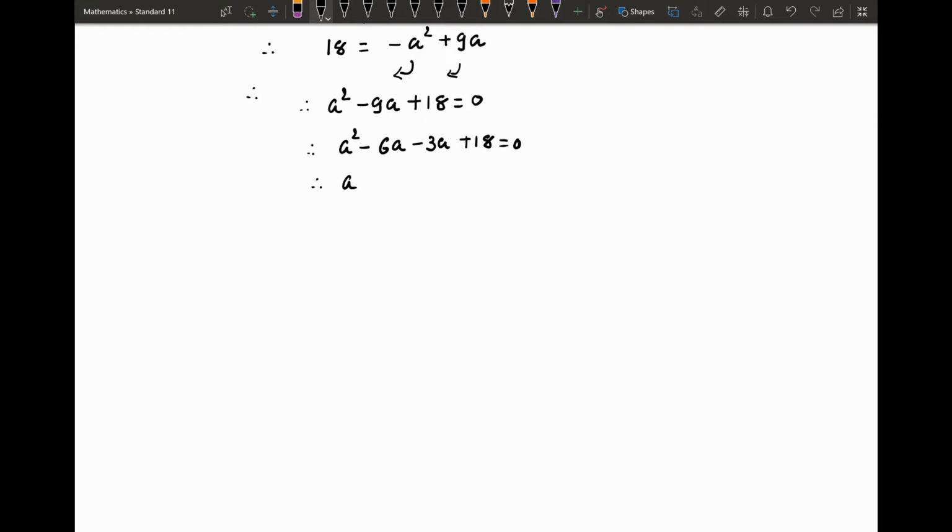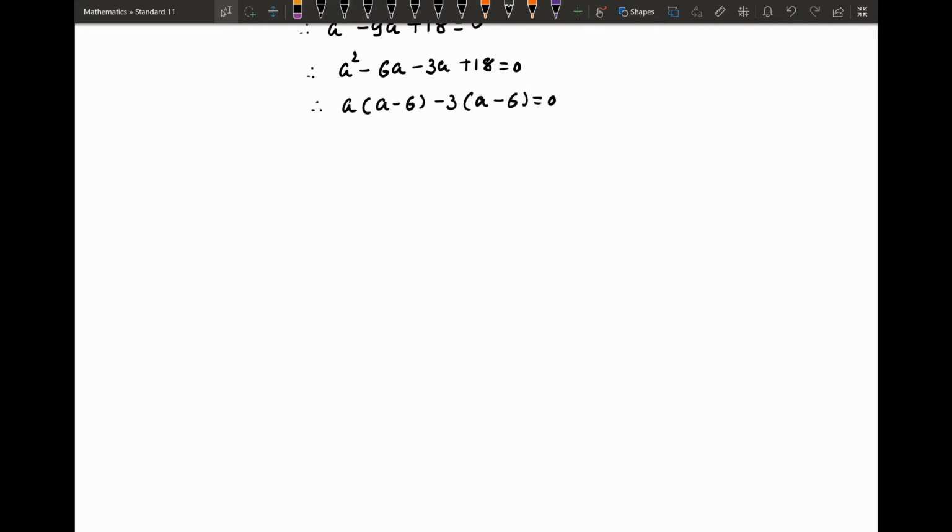So we take a common: a into a minus 6, and we take minus 3 common: minus 3 into a minus 6, equal to 0. So one can factorize as a minus 6 into a minus 3 equal to 0. Therefore a equal to 6 or a equal to 3.